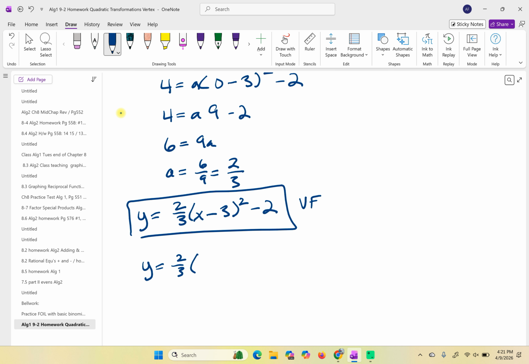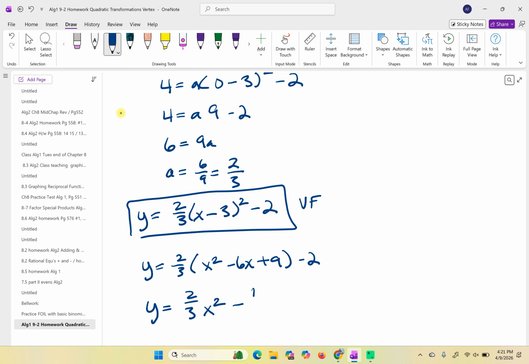X minus 3 squared FOILs to x squared minus 6x plus 9, minus 2. Going to distribute the 2/3 to each term. So this is 6 over 1 times 2 over 3.